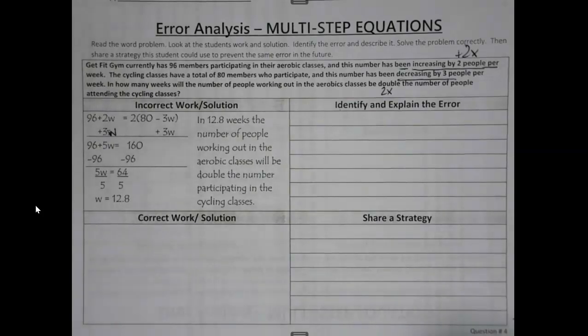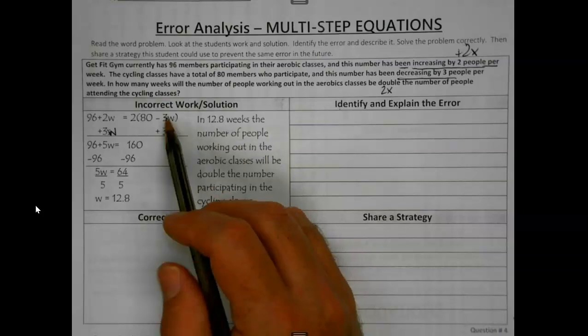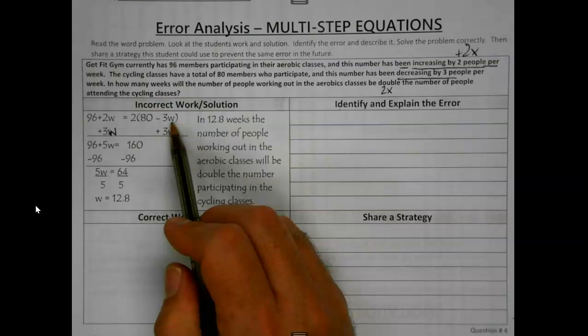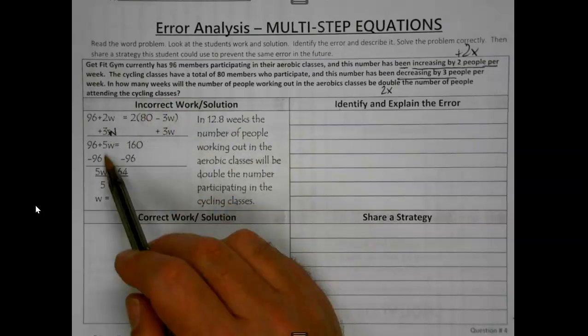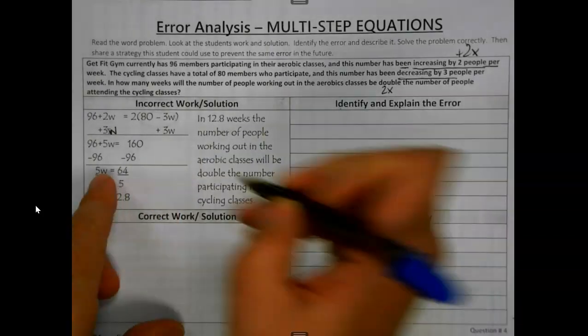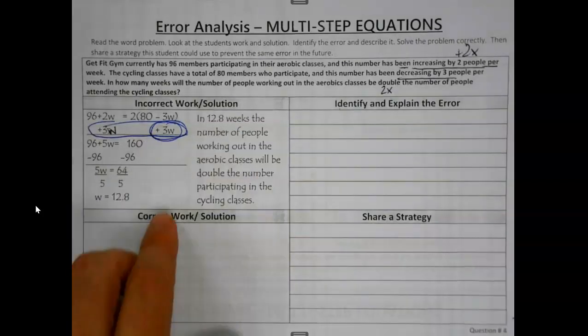So I start looking to see, okay, where could the boo-boo be? Oh. See, this 3W is in the parentheses right now. I can't do that. So here, I'm going to circle where the problem is, right there, or more importantly, right there.